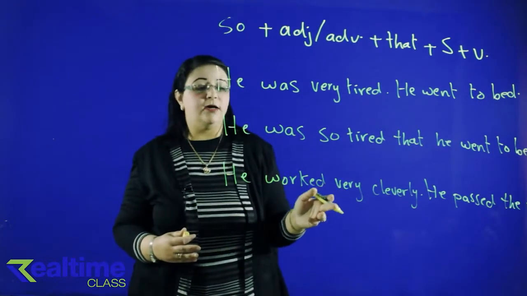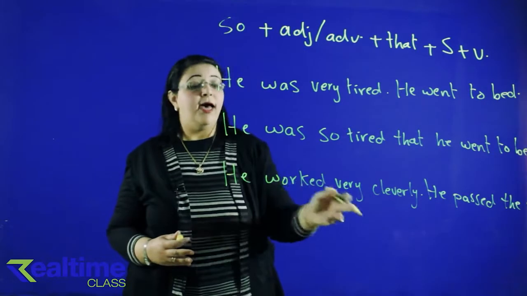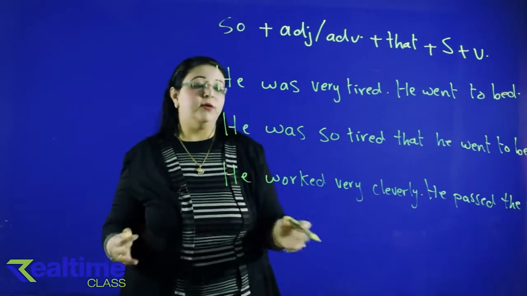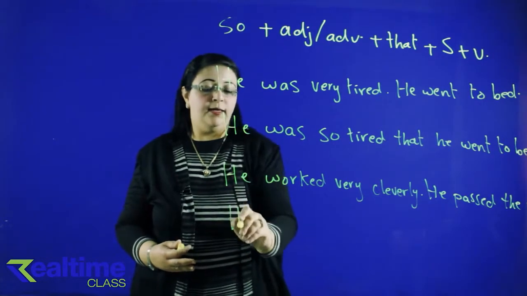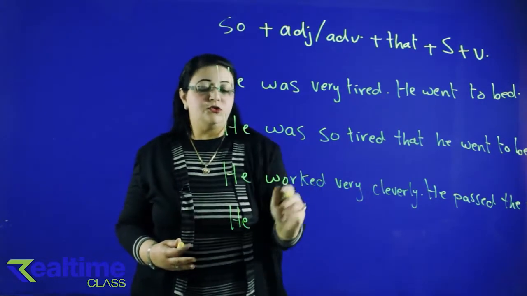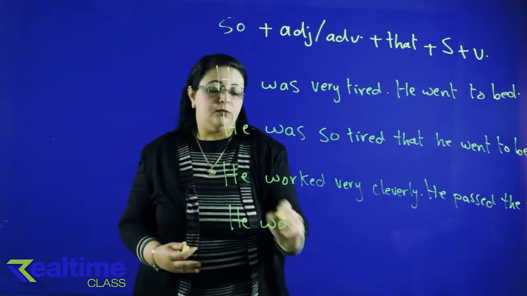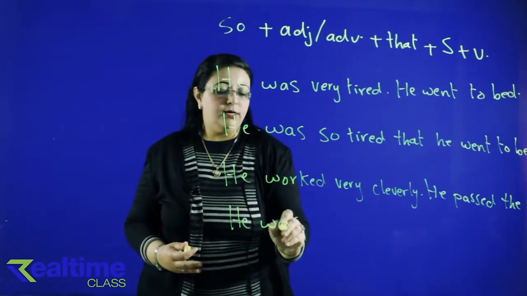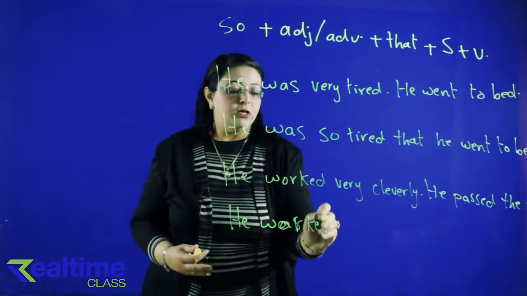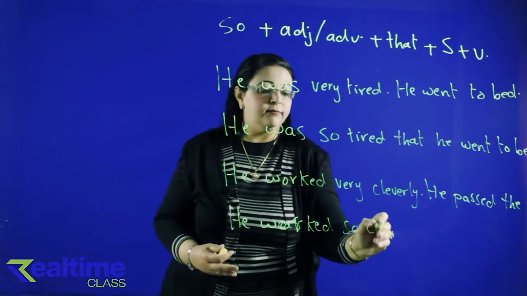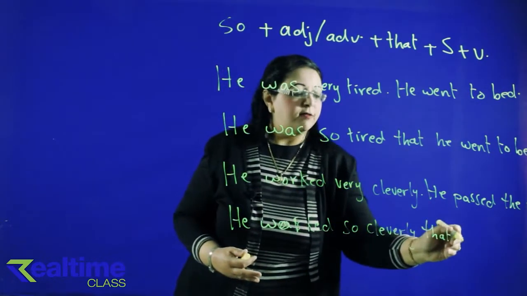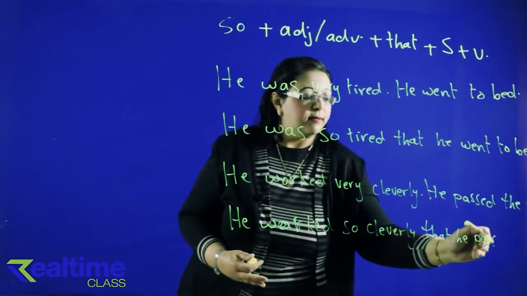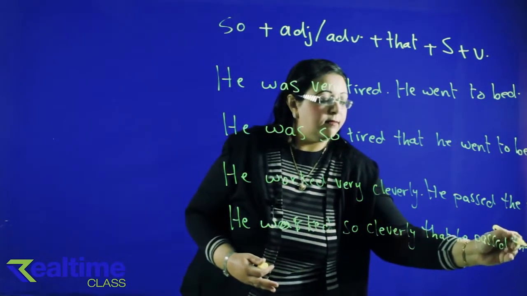One of the marks of the adverb is that it ends with an ly, and again, it describes the verb worked, so it's an adverb. Again, we use the same rule, so we delete very and use so as in the rule. We say he worked so cleverly that he passed the exam.